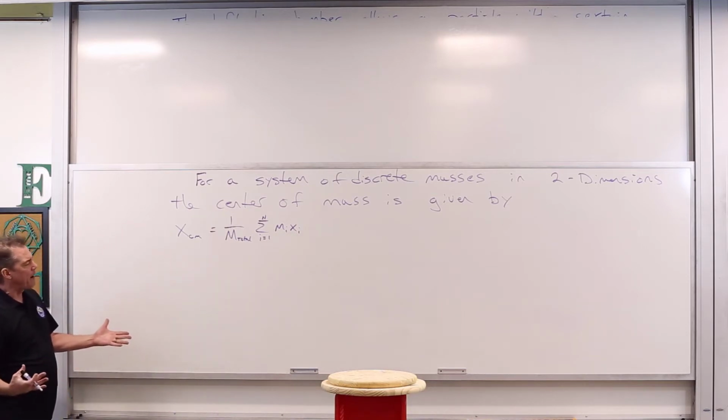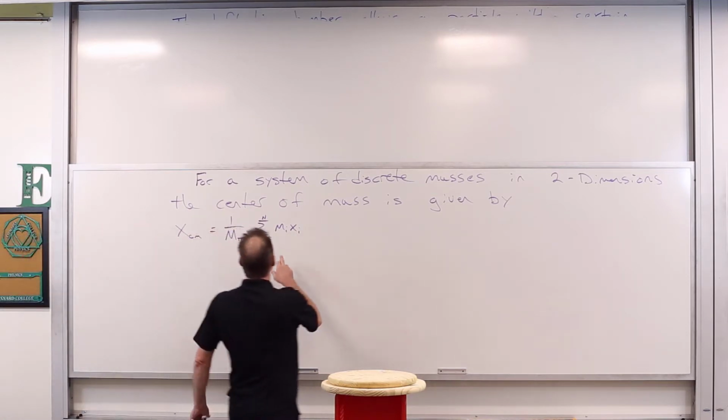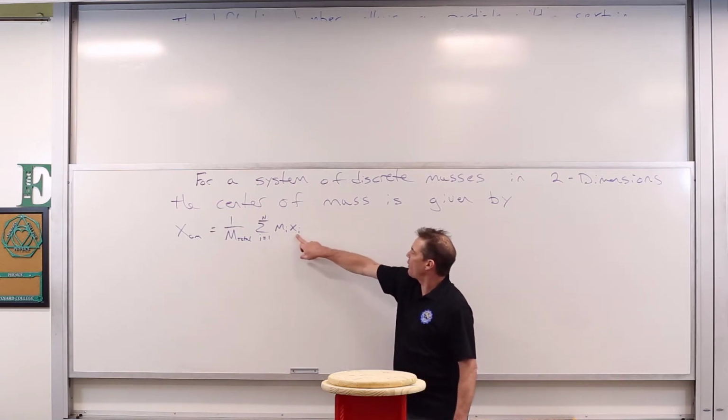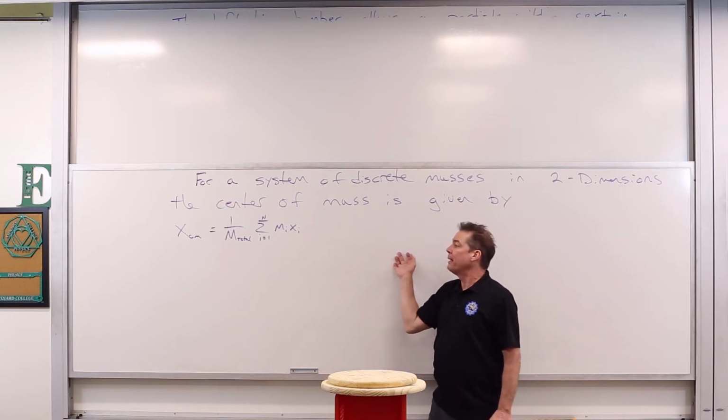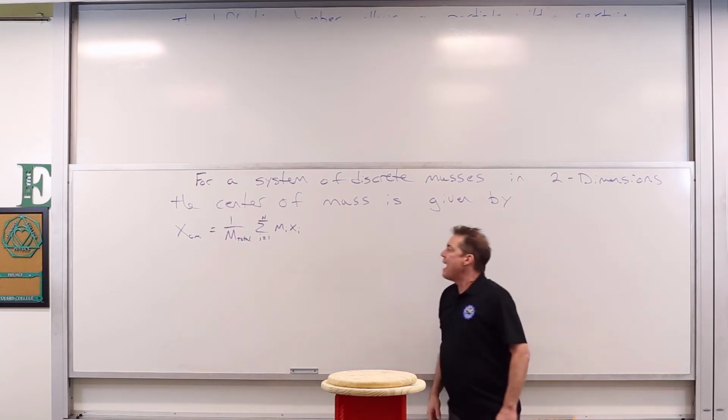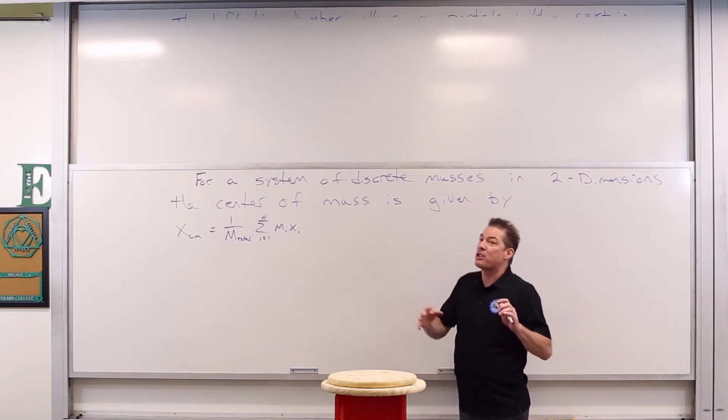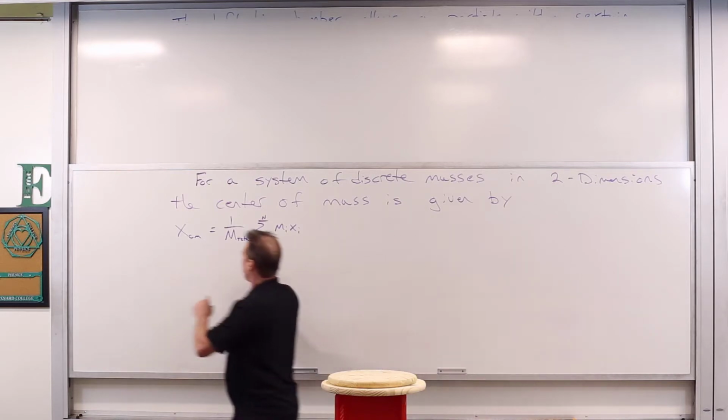So what do we have here? Well, we've got the individual mass elements and their individual x positions that we're adding all up. And then we're dividing that by the total mass, and that gives us the x position of the center of mass.